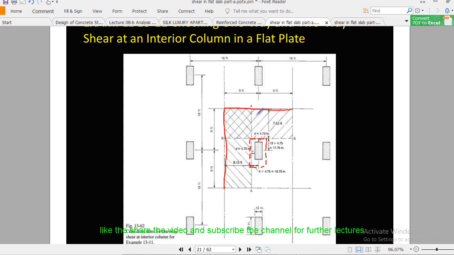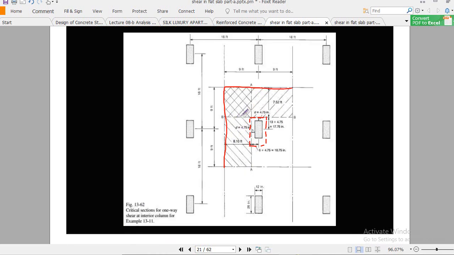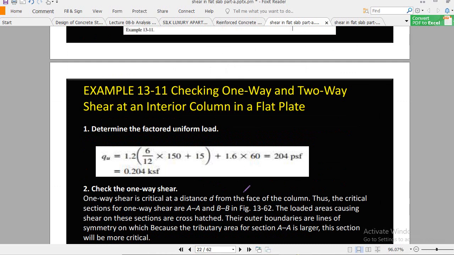This line represents the critical section at a distance d from the face of the column, and it is for beam shear. The length of section AA is more than BB, so AA will be the governing section for beam shear, and we will use AA.